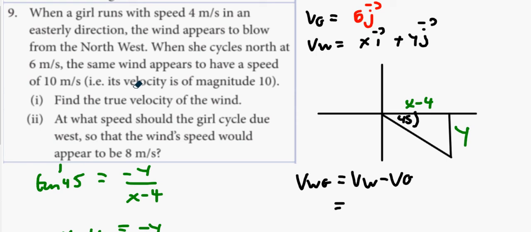So the velocity of wind minus velocity of girl is going to be xi plus y minus 6j.